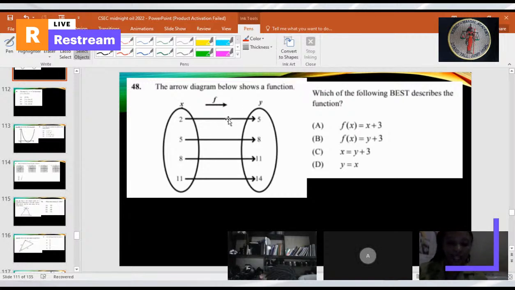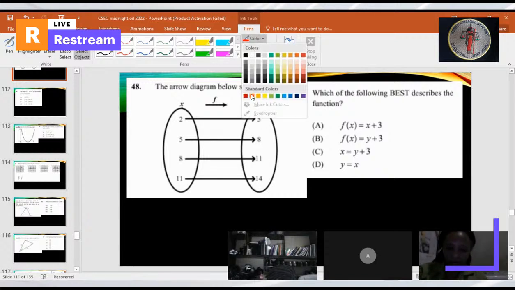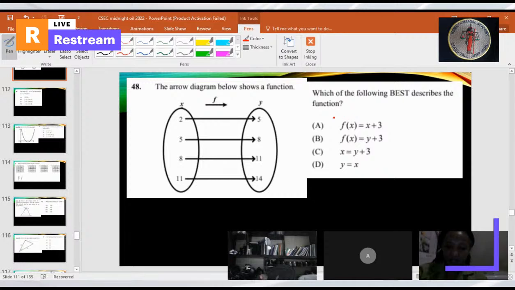All right, so you're saying whenever we add 3 to the x values, we get y. So 2 plus 3 is 5, 5 plus 3 is 8, 8 plus 3 is 11, 11 plus 3 is 14. So we're adding 3 to the x values each time.